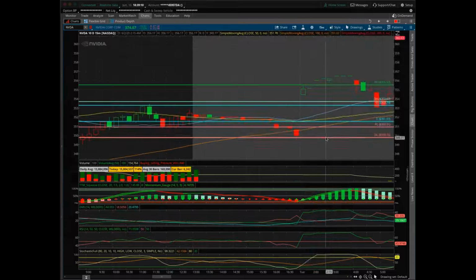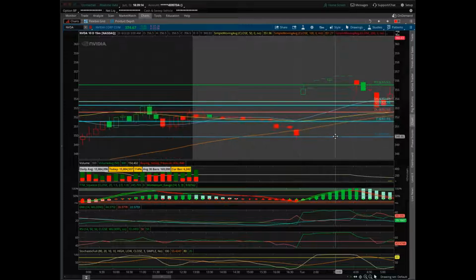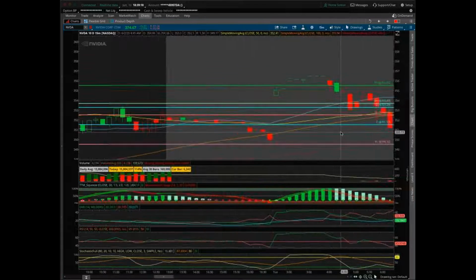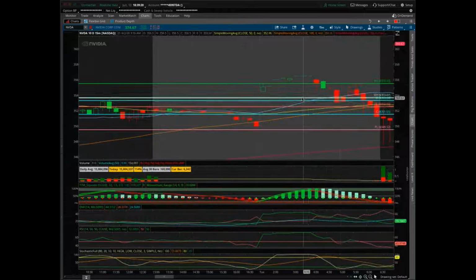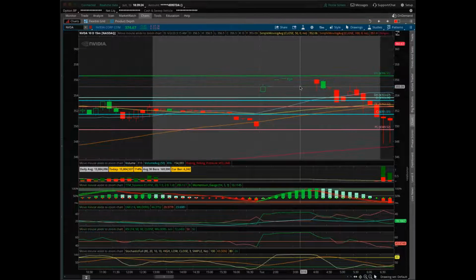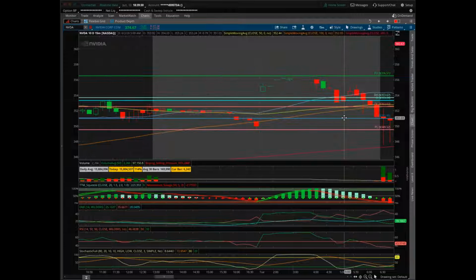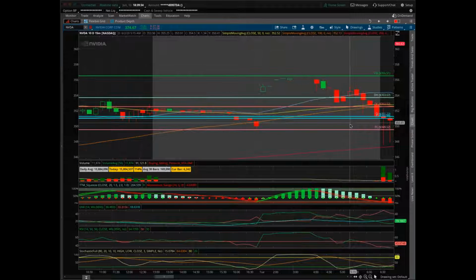All right, so let's grab that here. So pre-market low, maybe this one. Let's see here. All right, and then pre-market high is going to be here. All right, so our open and close is going to be very tight.